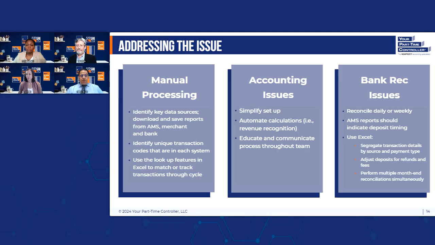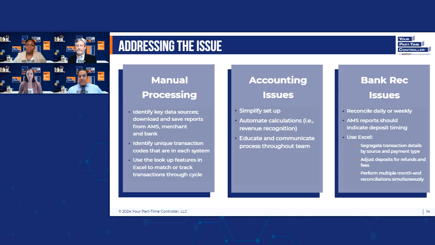Or maybe the association is contemplating the implementation of a new AMS, and wouldn't that be wonderful in a lot of situations? Well, under either scenario, have the accounting folks in the mix of the meetings with the AMS as early in the process as possible. I'm going to say that again, as early in the process as possible.